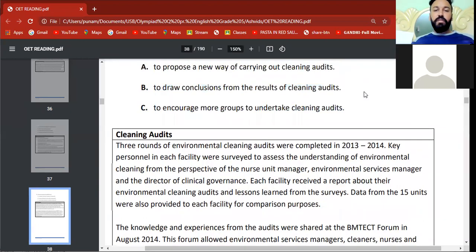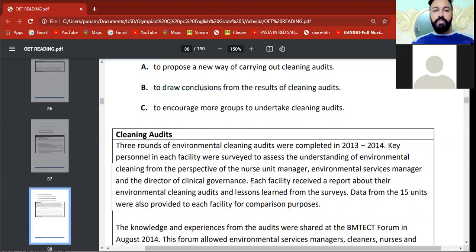Okay, B. Now let's see why it is draw a conclusion. Each facility received a report about their cleaning audits and lessons learned from the survey. Lessons learned. Draw conclusion. Data from the units was also provided for comparison purposes. So you see, everything is leading to this.